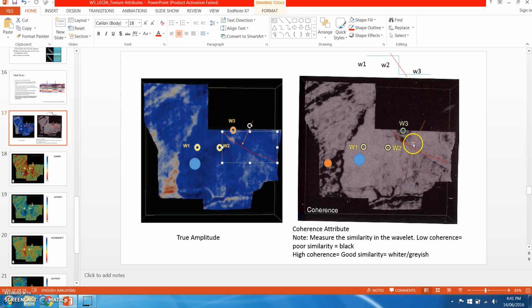Let's say our north arrow is pointing up, so the faults or lineaments are oriented in a northwest-southeast orientation.